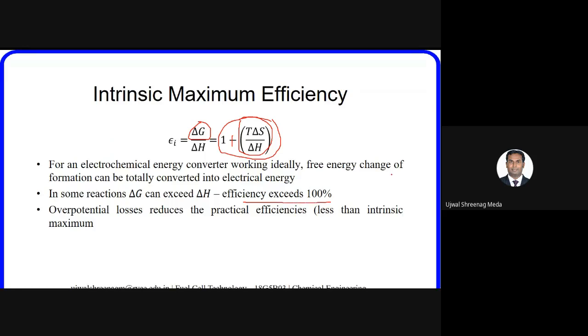Whether this is practically possible? No. But on paper, according to the equation and thermodynamics, in cases where the change in entropy can be negative for a reaction, theoretically the efficiency may exceed 100%. So this is for your information. This is about the intrinsic maximum efficiency.